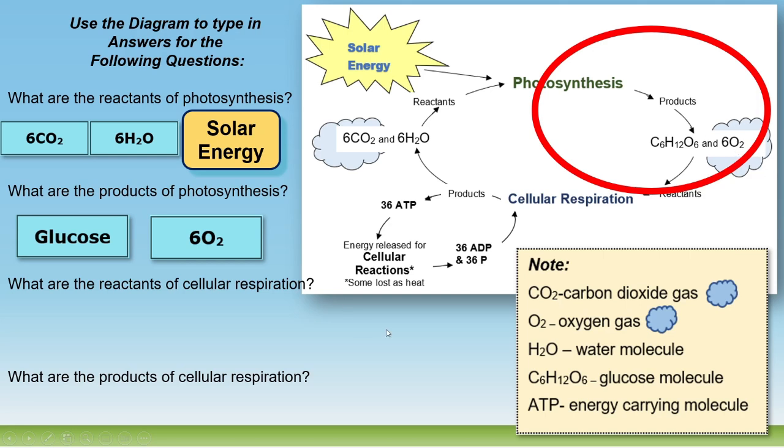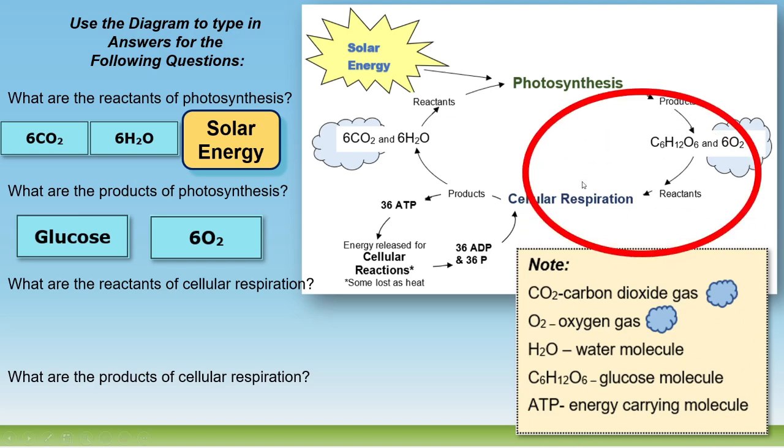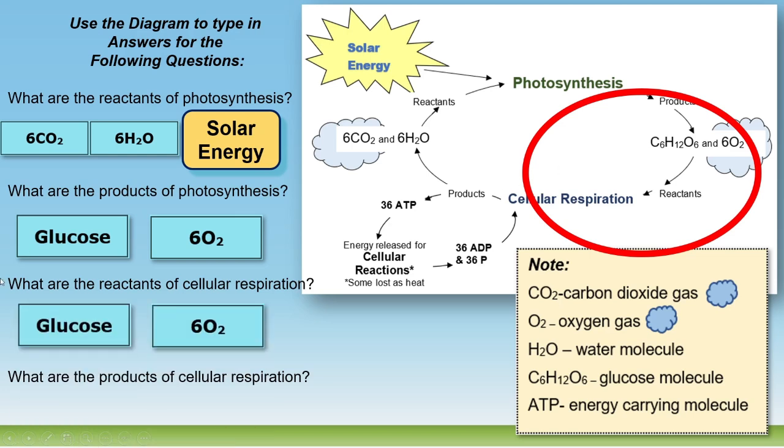All right, so now let's look at our reactants for cellular respiration. We're moving to the next side. What goes into this reaction? Your reactants here are glucose and oxygen. Again, I want you to write out the chemical formula for glucose so that you can get comfortable with it.